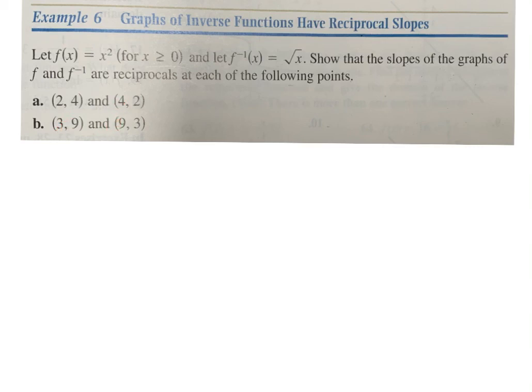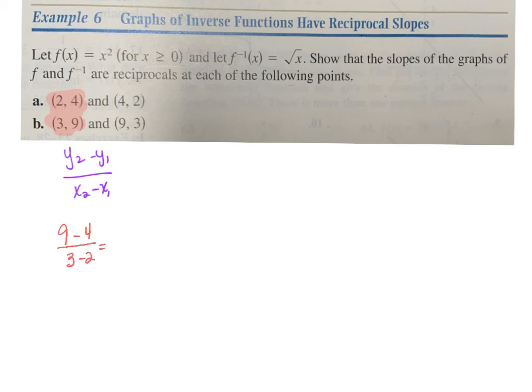So if we do it the first way, let's just do our slope formula. My slope formula, remember, is y2 minus y1 over x2 minus x1. So let's do the original function. My original function would be the 2, 4 and the 3, 9. And so we will just do 9 minus 4 over 3 minus 2.